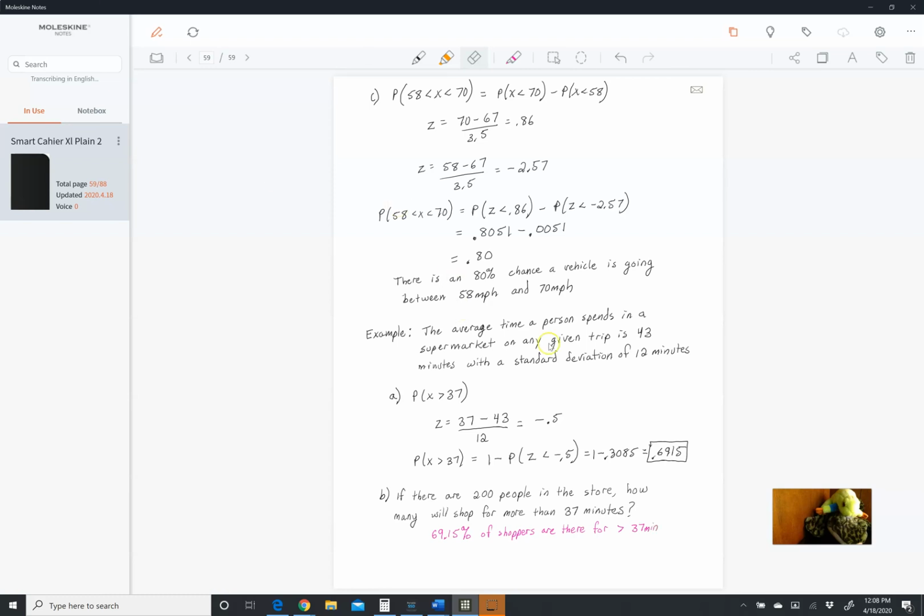Okay, I'm just abbreviating. So we just take 69.15% of 200. How do we do that? We take the decimal, 0.6915, and we multiply by 200.